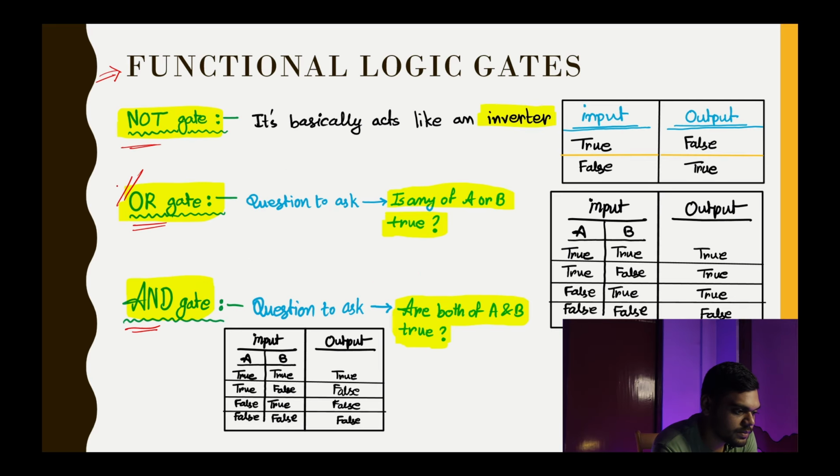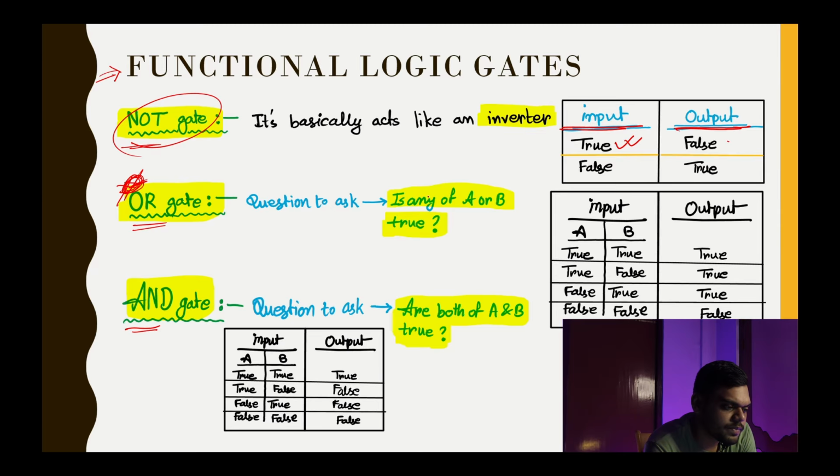Now we have the OR gate. We have discussed the NOT gate. As you can see, if we give input as true, the output will become false, and if we give input as false, the output will become true. Now we are talking about OR gates.